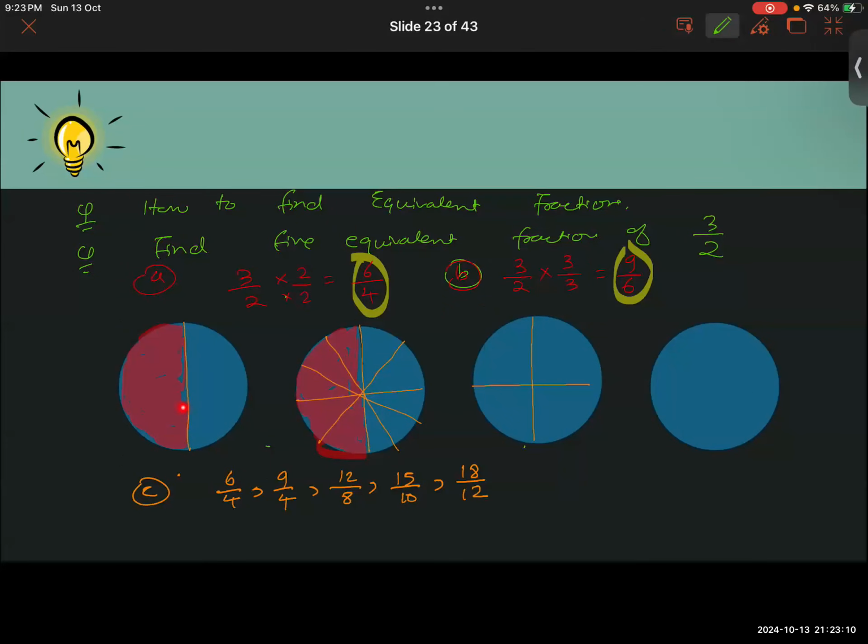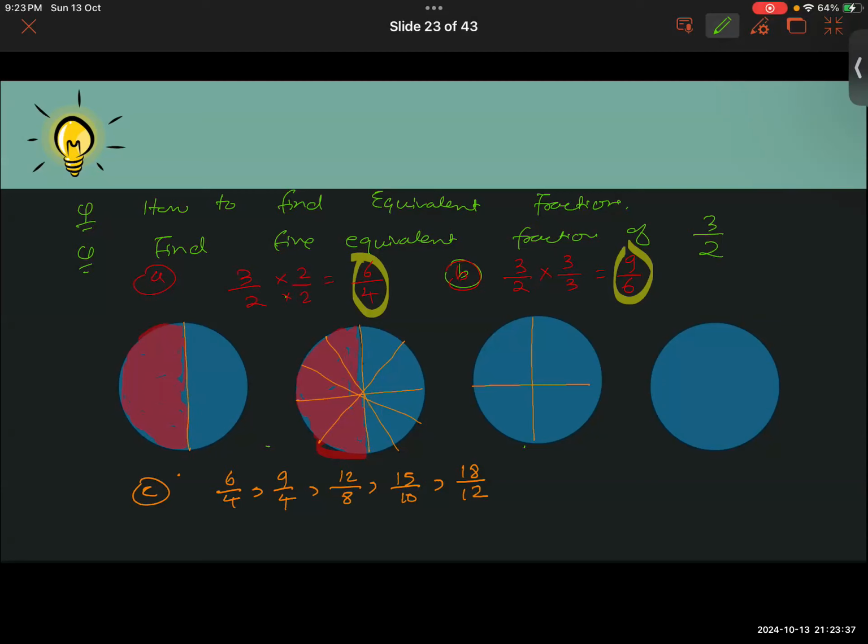Take for example, these are two different circles here, and the same area has been shaded here, but they have been divided into different parts. This circle has been divided into two parts, and this has been divided into how many parts? Count it, into 10 parts now.